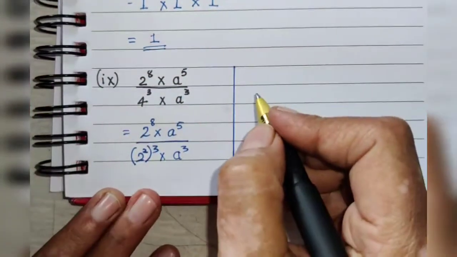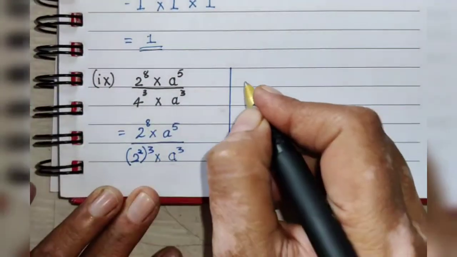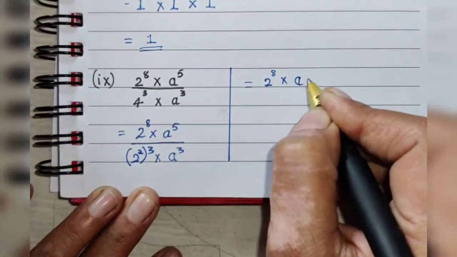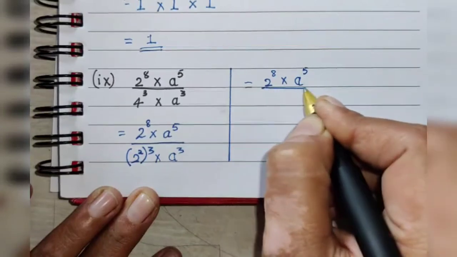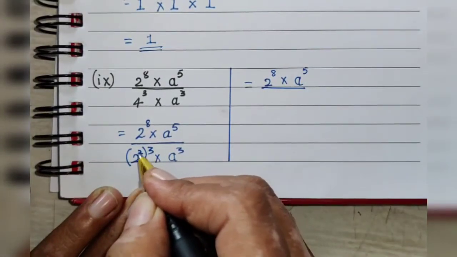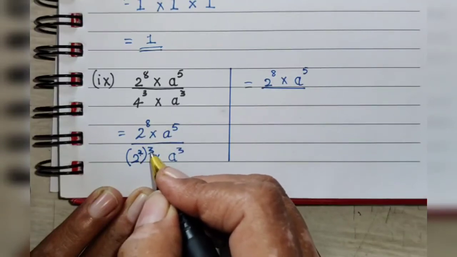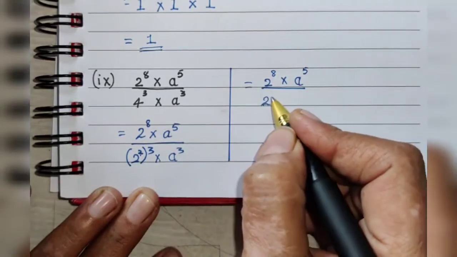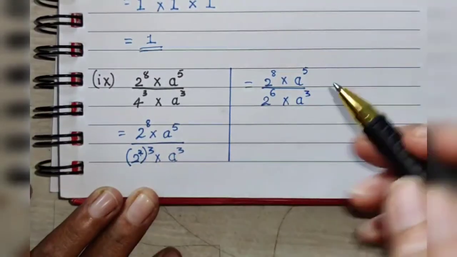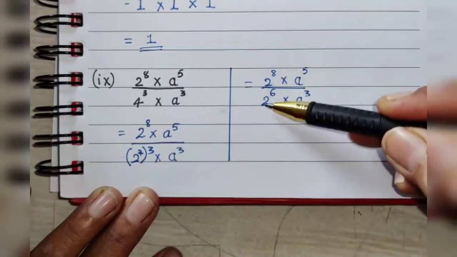Now this is solving of 2 to the power 8 multiply a to the power 5 divided by 2 square to the power 3 multiply a to the power 3. 2 and 3 will get multiplied, power of power. 2 threes are 6. So here we are going to write 2 to the power 6 multiply a to the power 3. Now as you could see, the bases are same and in division form.